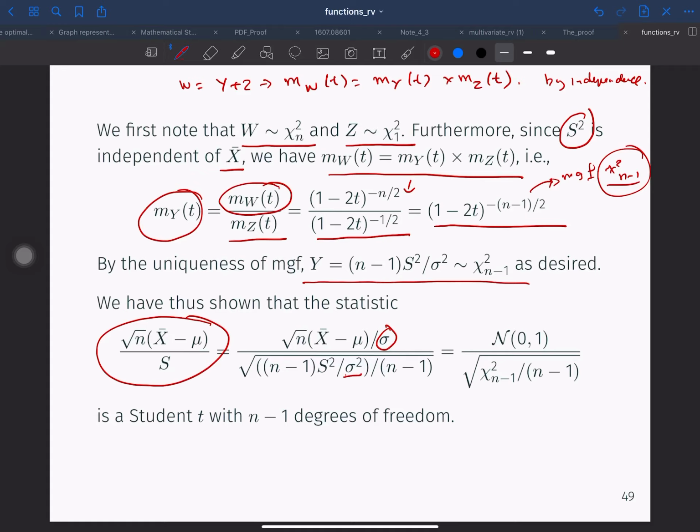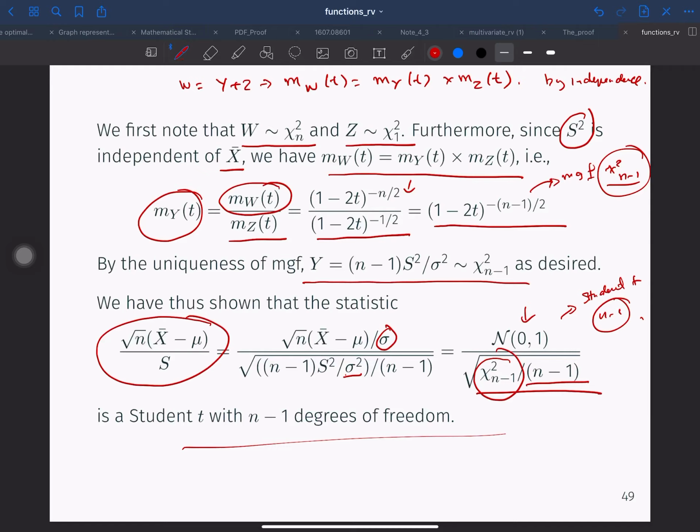And this is nothing more than the numerator being once again standard normal. The denominator, we claim, is chi-squared with n minus 1 degrees of freedom divided by n minus 1. So as we saw earlier, this is student t with n minus 1 degrees of freedom, as we claimed.